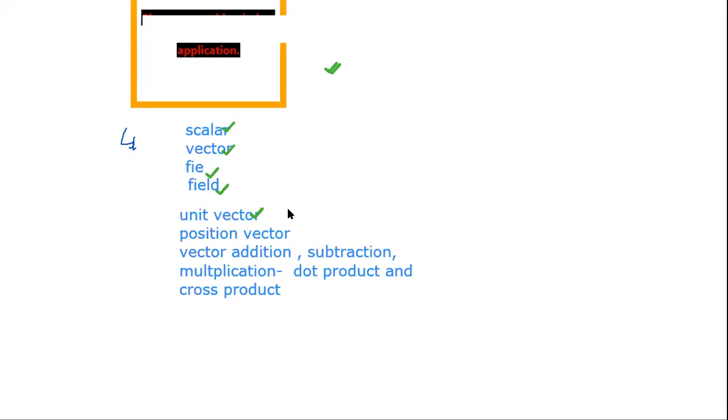The unit vectors along the axes in the Cartesian coordinate system are simply represented as ax, ay, az.